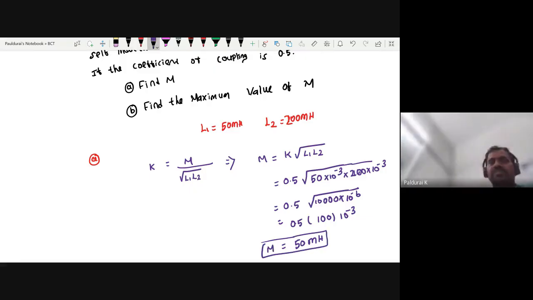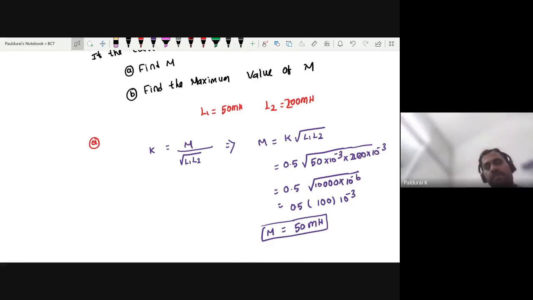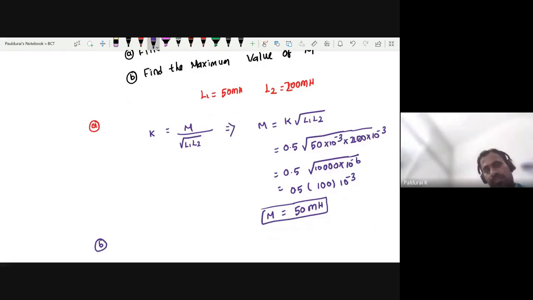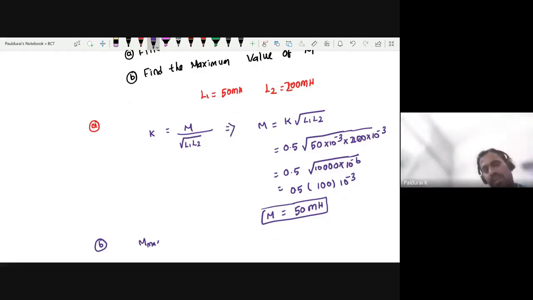Okay, case 1. Subdivision A. Find the maximum of mutual inductance, it becomes 50 millihenry. Subdivision B. K equal to 1, you want to calculate M. K equal to 1, so obviously it becomes square root of L1 L2. So it's very simple, right?